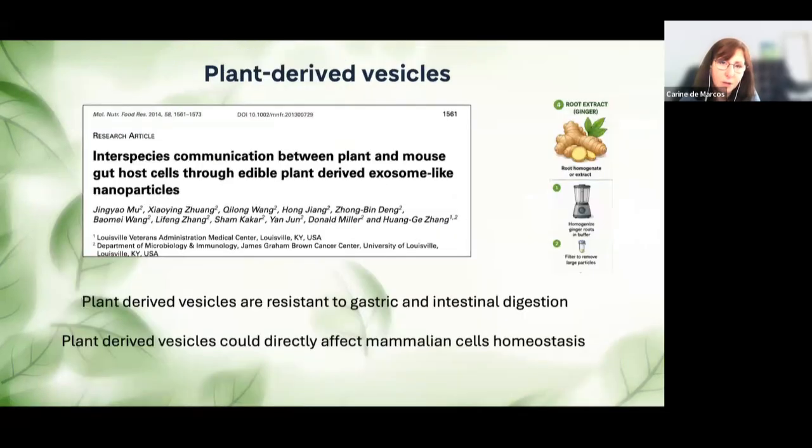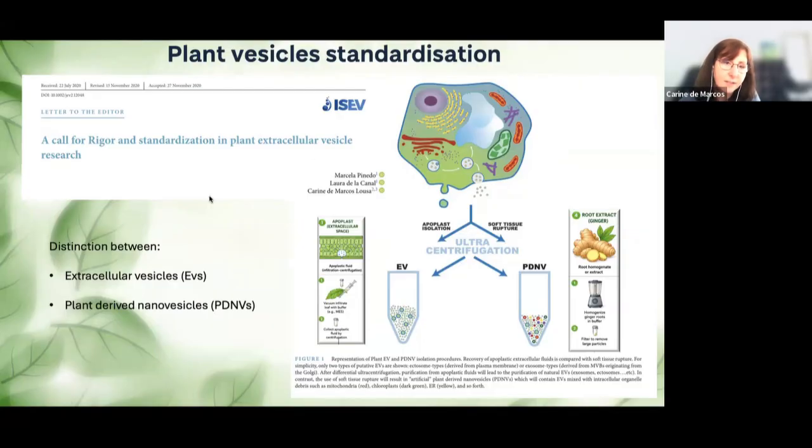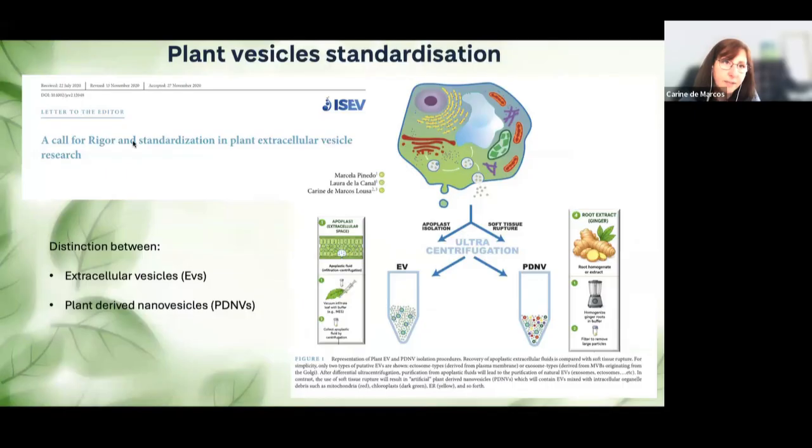The problem between these two and these few papers is that we are talking about different types of extracellular vesicles, and this has led myself, with Laura and Marcella here, who first isolated these sunflower EVs, to write a paper calling for rigor and standardization in plant extracellular vesicle research and asking for the distinction between extracellular vesicles, which are extracted from extracellular media, and plant-derived nanovesicles, which are extracted by other methods like soft tissue rupture, for example homogenates, and might contain EVs, but might also contain other types of vesicles that are not EVs.